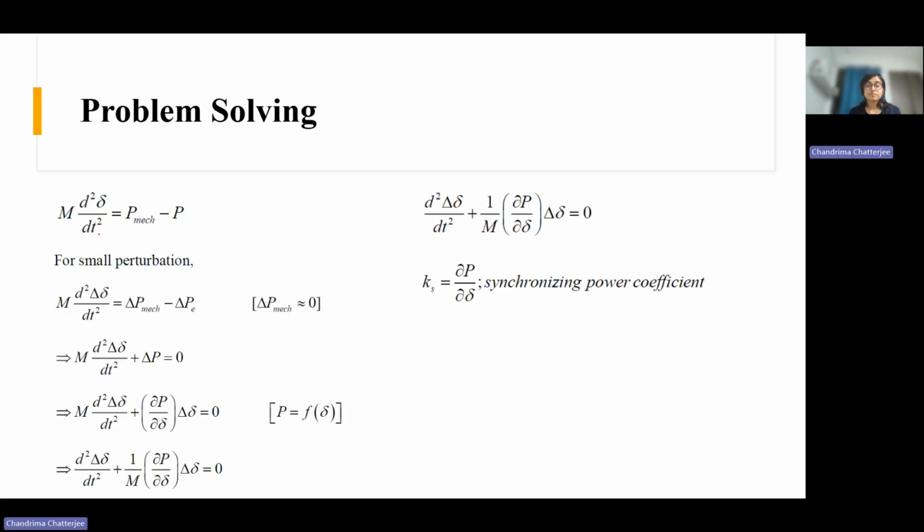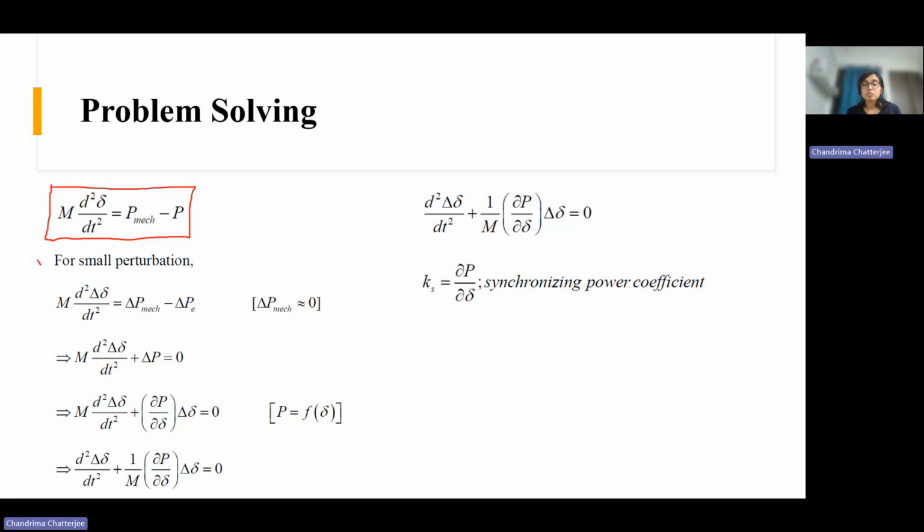Here, this equation is called the swing equation. If you have studied basic power systems, you must know this is the swing equation, where M is the inertia constant, and M d square delta by dt square equals P mechanical minus P electrical.